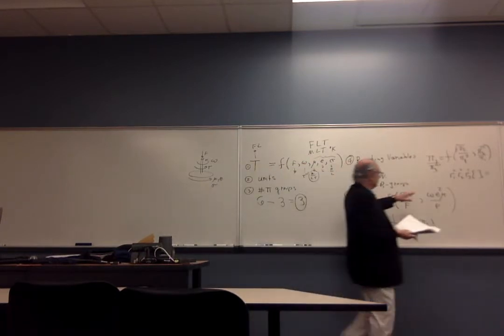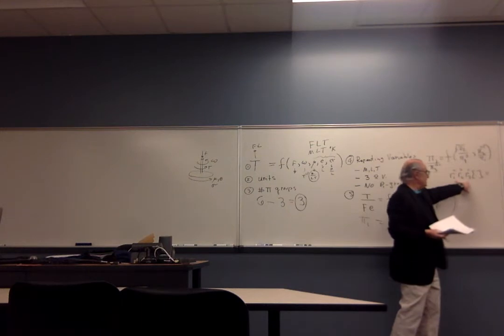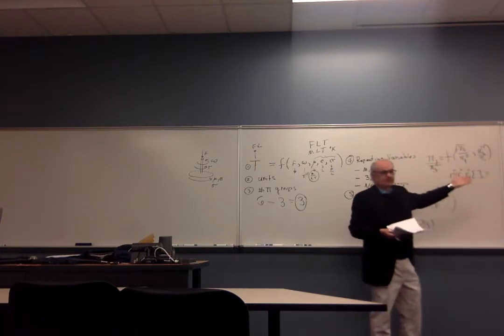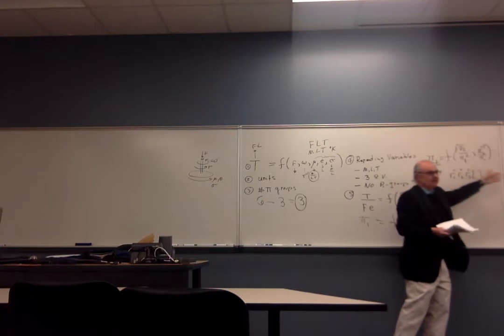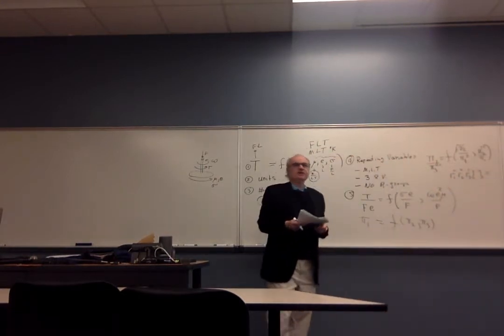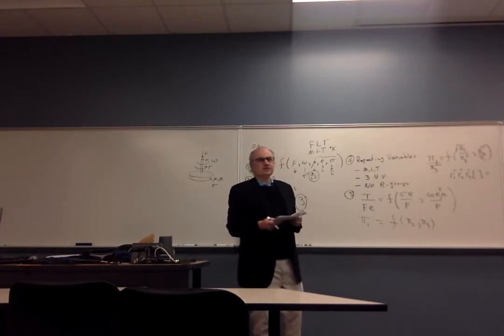Therefore, you can't have more or fewer than 3 repeating variables. If I only picked 2 repeating variables, I would have too many pi groups. If I picked too many repeating variables, I wouldn't have enough pi groups. I don't know if that's very clear.